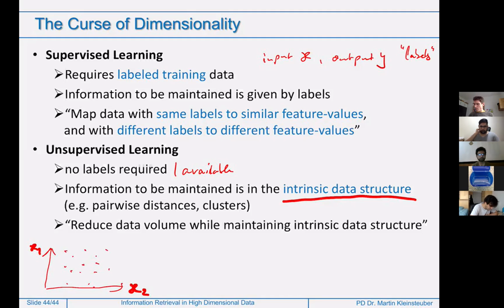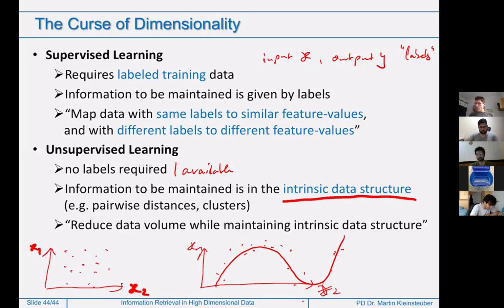If you have some intrinsic structure in the data, with X2 and X1, it could probably look like this. Then you have a kind of intrinsic structure here that you don't have in the left picture.